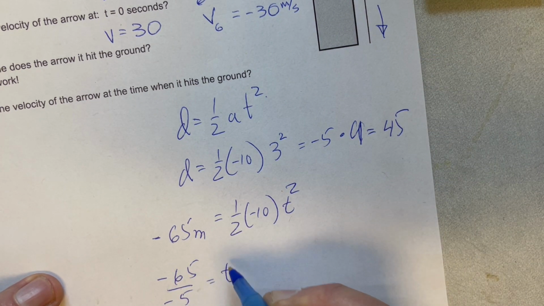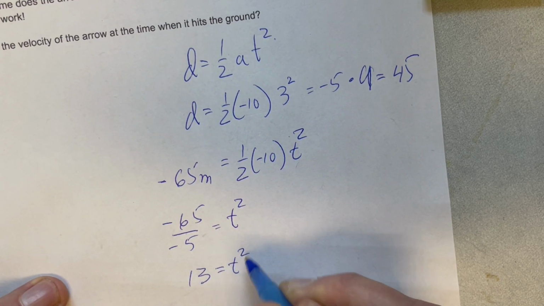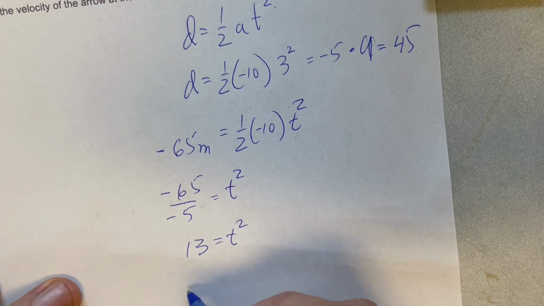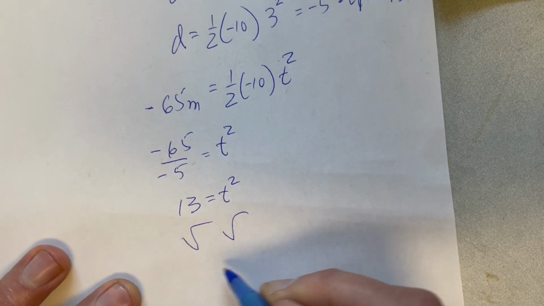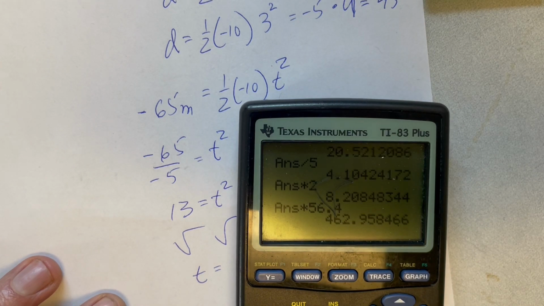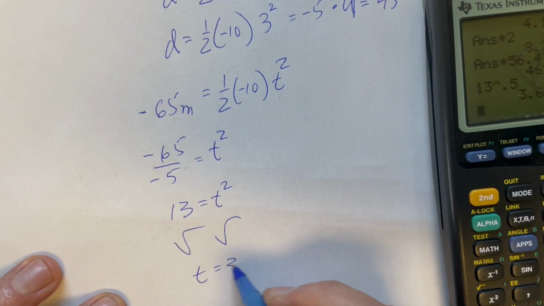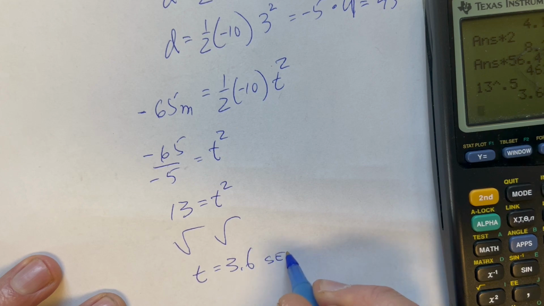That gives me t squared. That's 13 is what t squared is. So I take the square root of both sides, and I get t equals the square root of 13. So I'll do 13, raise it to the 0.5 power, or take the square root of it, same thing. I get very close to 3.6 seconds.